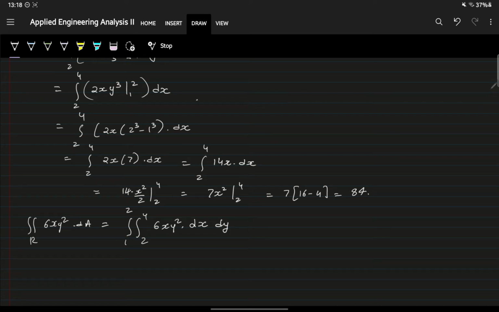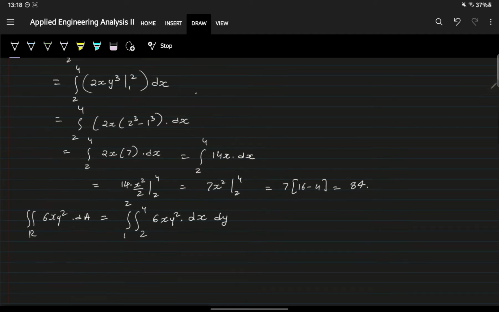Pay attention, we have interchanged our outer limits and the inner limits, but the combination of limits and its respective operand remains the same.